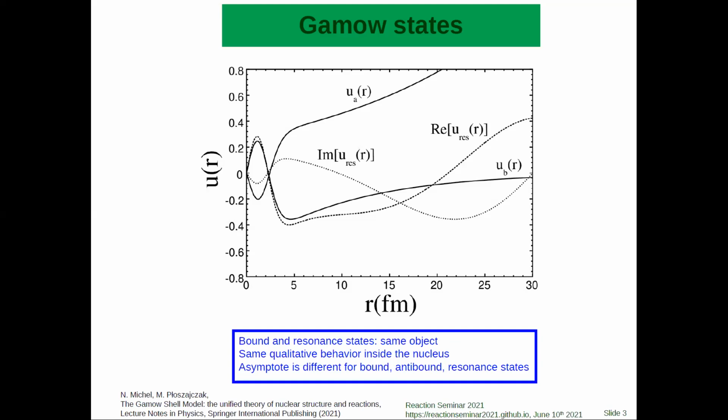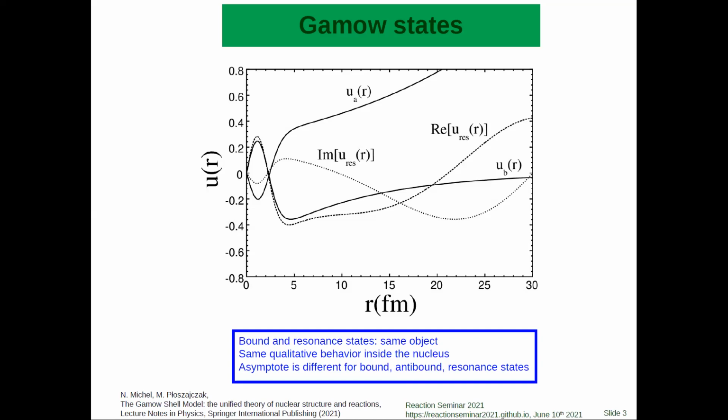Here I'm showing three types of one-body states, which are bound states, u_B(r), anti-bound state, u_A(r), and resonance states, u_S(r). u_B(r) is real, u_A(r) is imaginary, and a resonance is both real and imaginary. It is a complex state.